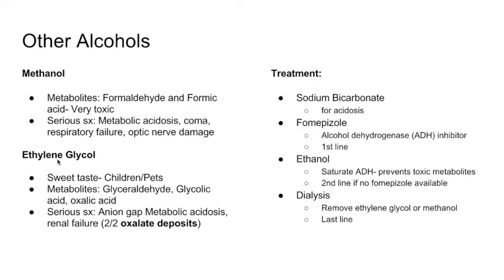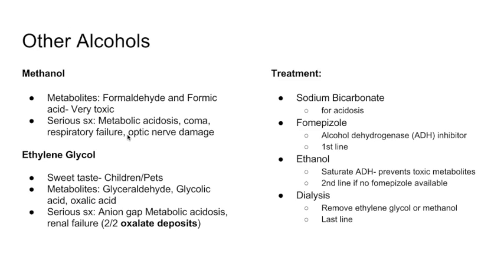And how the questions in the test will come is that you have a patient who's coming in in respiratory failure or in coma, and you get an ABG and you find that he's acidotic, and that he has metabolic acidosis, and that it actually has anion gap metabolic acidosis. And they'll ask you, what is the patient most likely abusing?